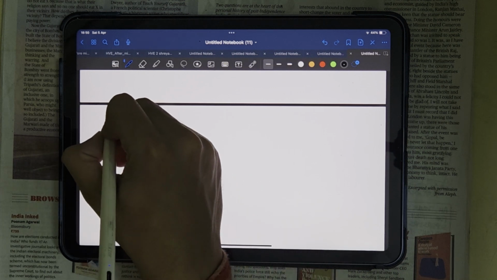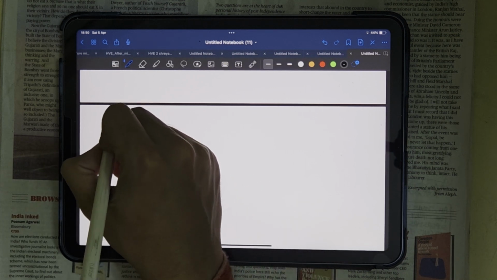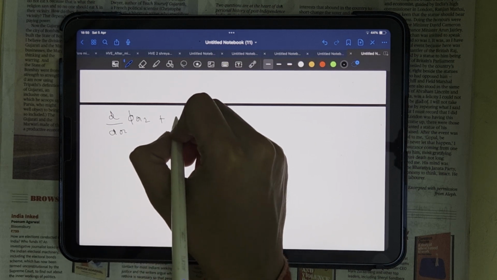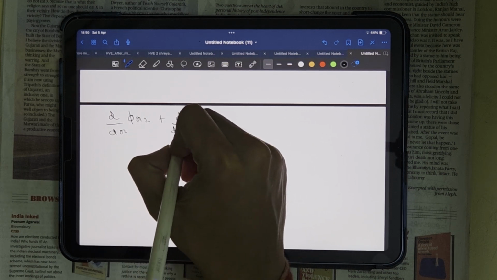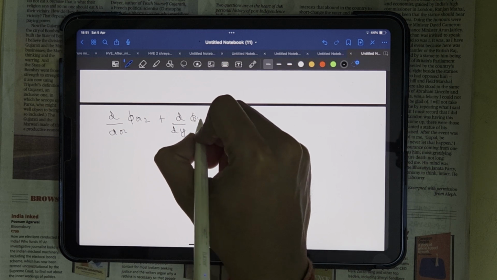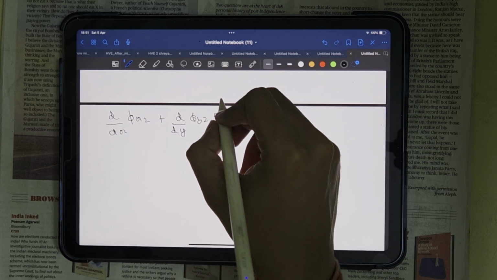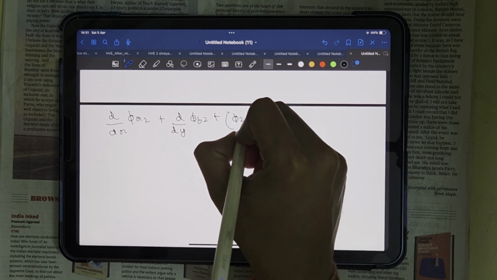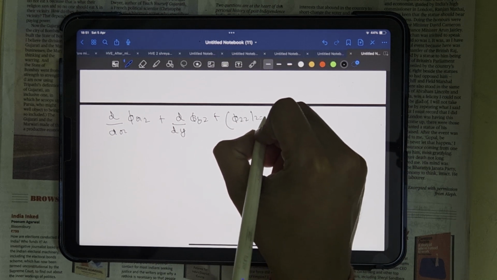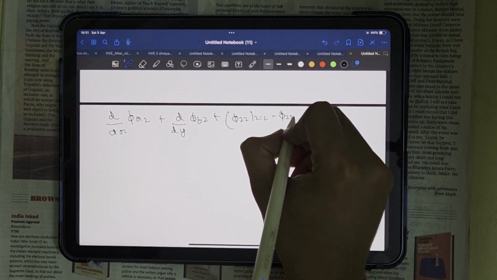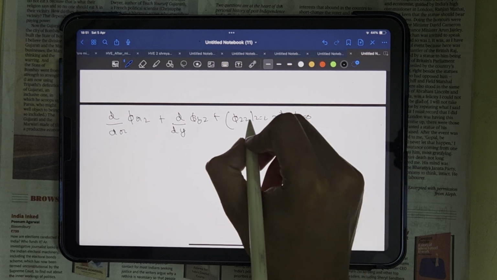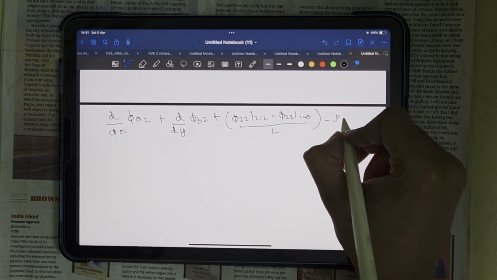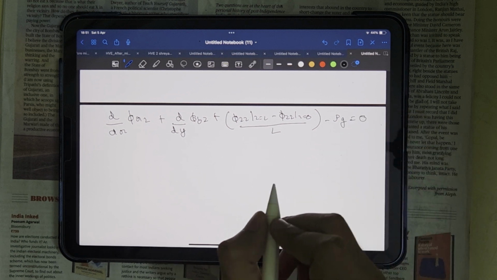So we will get d by dx of phi xz plus d by dy of phi yz plus phi zz at z equal to L minus phi zz at z equal to 0 upon L minus rho g is equal to 0.